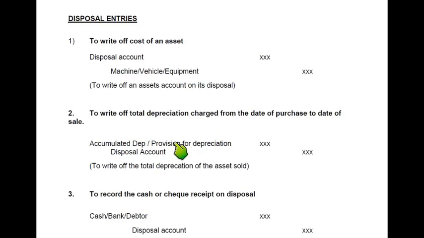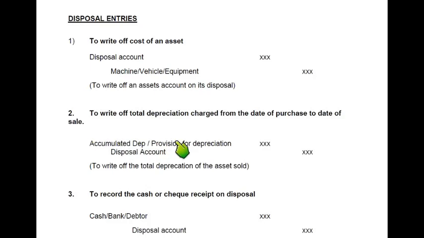Then if the asset is no longer with us, we also need to remove the total depreciation or provision for depreciation for that particular asset. Now what we need to do is to remove the total provision for depreciation from our accounting books. So if you are aware, the provision is a contra asset and the nature of a contra asset is credit, but if you want to remove or decrease the contra asset, we'll be debiting it.